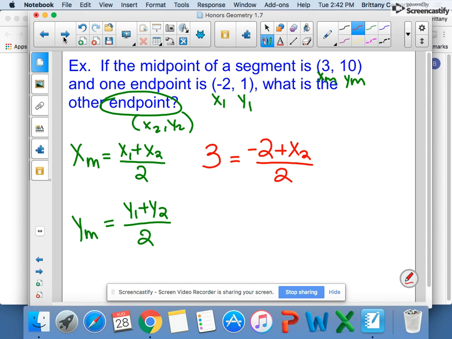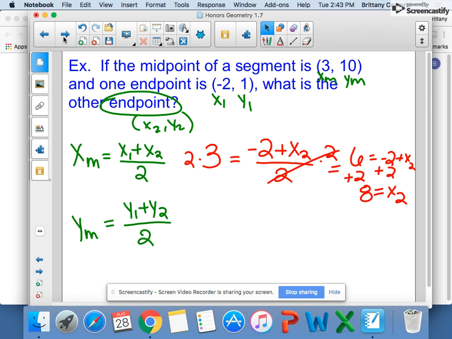So in order to solve that, we're going to multiply by 2 on each side. So we're going to get 6 equals -2 plus x2. And then we're going to add 2 to each side. So we get x2 equals 8. Same concept for the y. We're given that the midpoint for the y coordinate is 10.